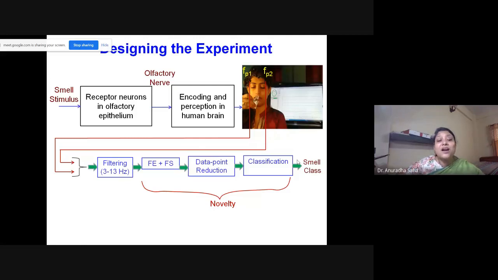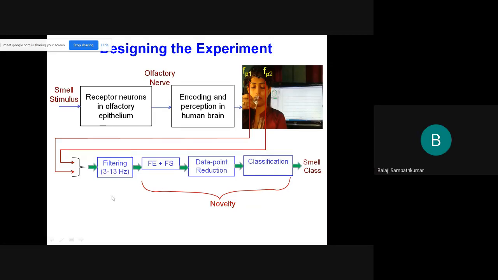Now we are starting with the fundamental steps which are involved in any brain computer interfacing problem. That is, we need to filter these signals, obviously using band pass filters having pass band frequencies of 3 to 13 hertz.